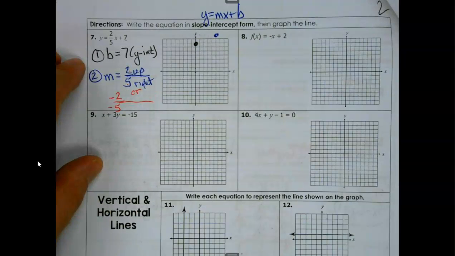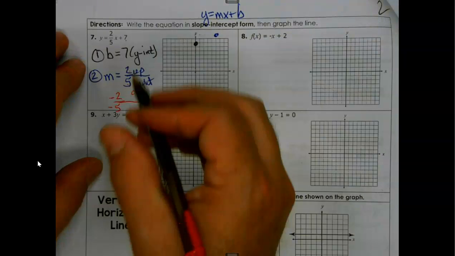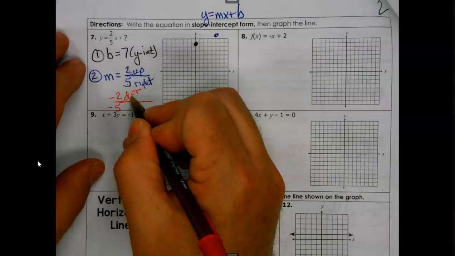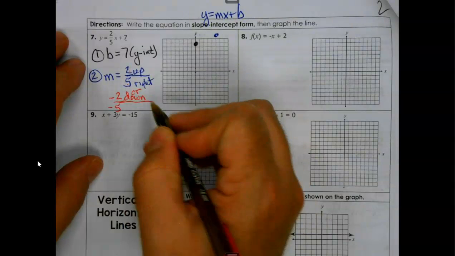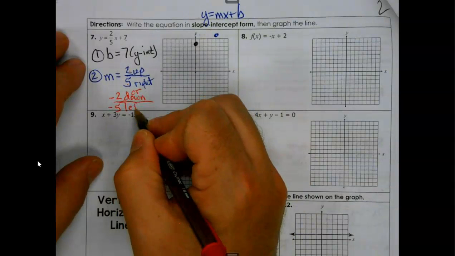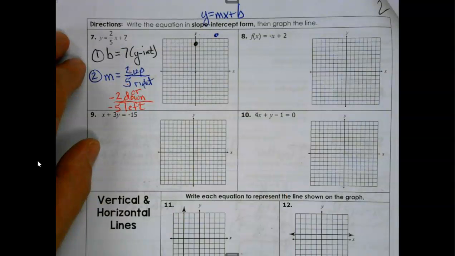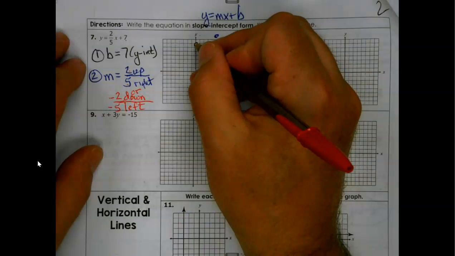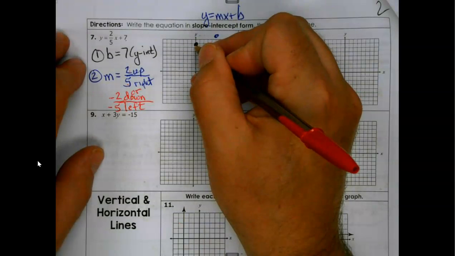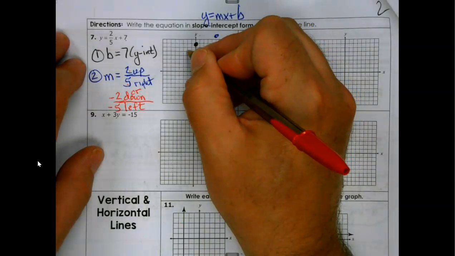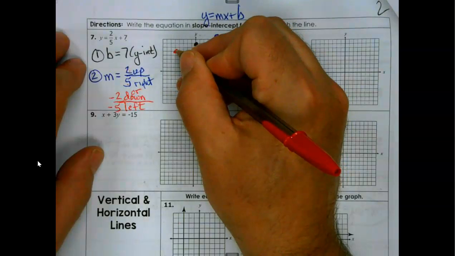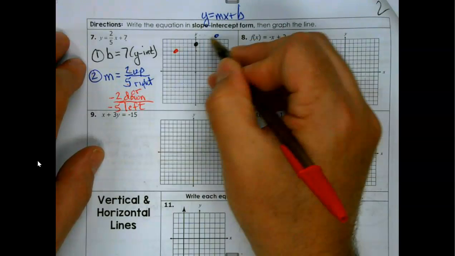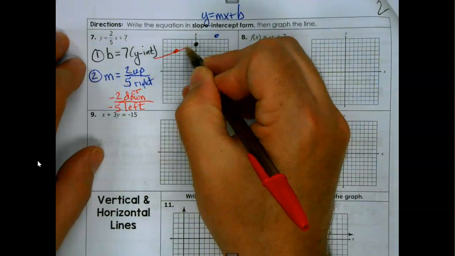Now watch this. So I'm changing the sign on both. So if I do, that means I would go 2 down and 5 left. So if I start back here and I go down 2 and 5 left, they all end up on the same line.